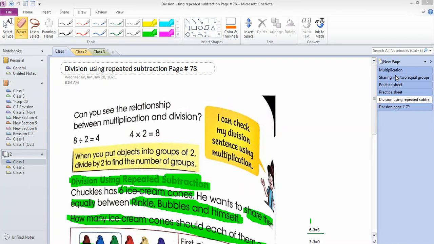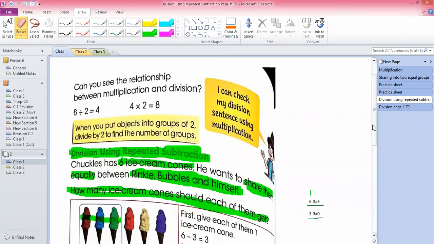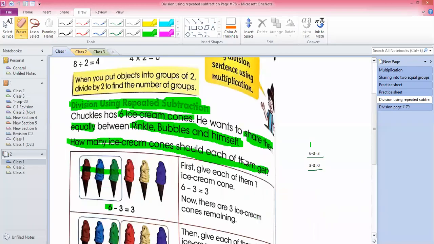And what you have learned so far, you know about the division now. You know how to do division by sharing into two equal groups. And yesterday you also learned the new method, division using repeated subtraction, how you can divide any objects into two, three, or different groups by using repeated subtraction.